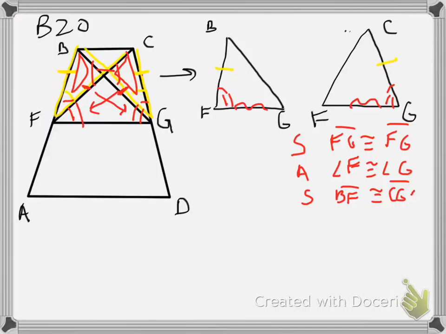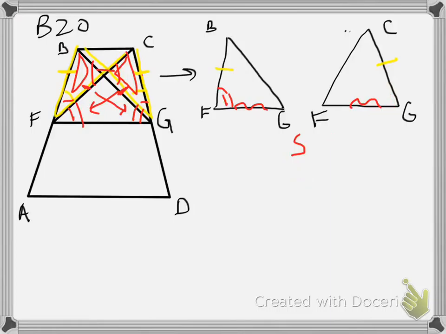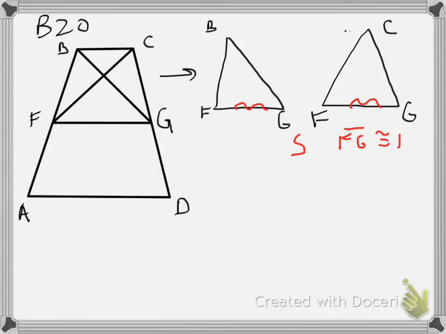Then it says BG and CF. The next question is giving us some different information, so I had to go back a lot. I paused it so I could clean it all up here. But remember, we already know that FG is congruent to itself by the reflexive property because they shared that side.